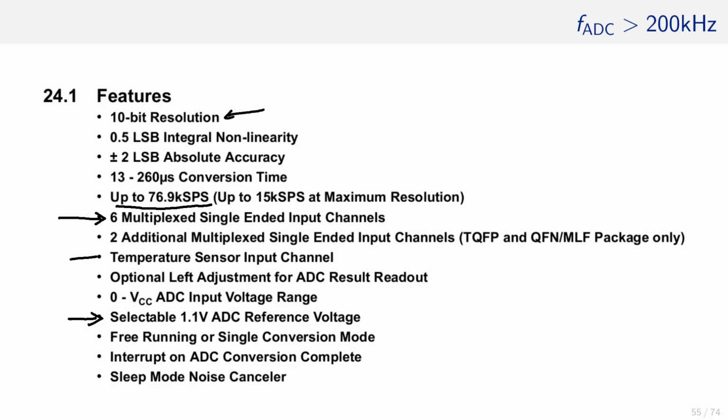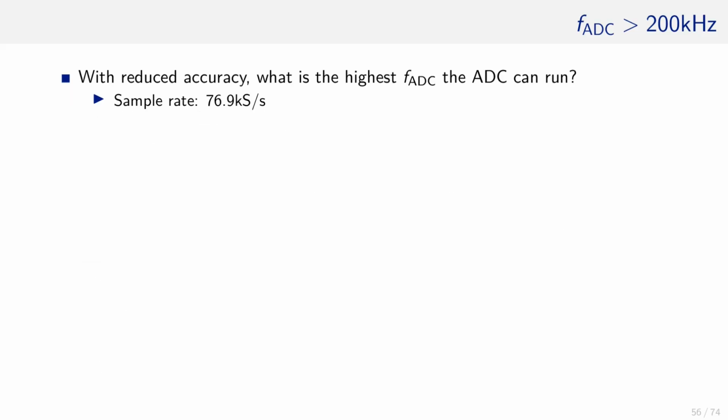Therefore, the question is, how do we get such a high sampling rate? It turns out that the accuracy can be sacrificed for speed. So what is the maximum clock frequency, assuming that 13 clock cycles are required?